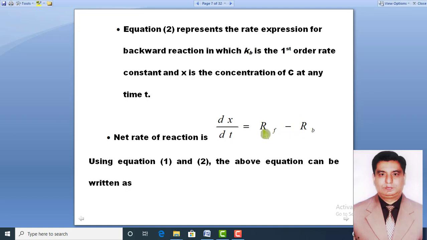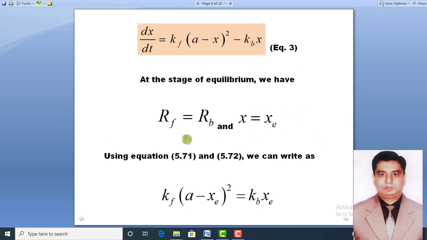So if we put the value of Rf and Rb in this equation, then we will get equation number 3. According to equation number 3, dx over dt, the rate of the reaction, will be equal to Kf into (A minus X) squared minus Kb X.